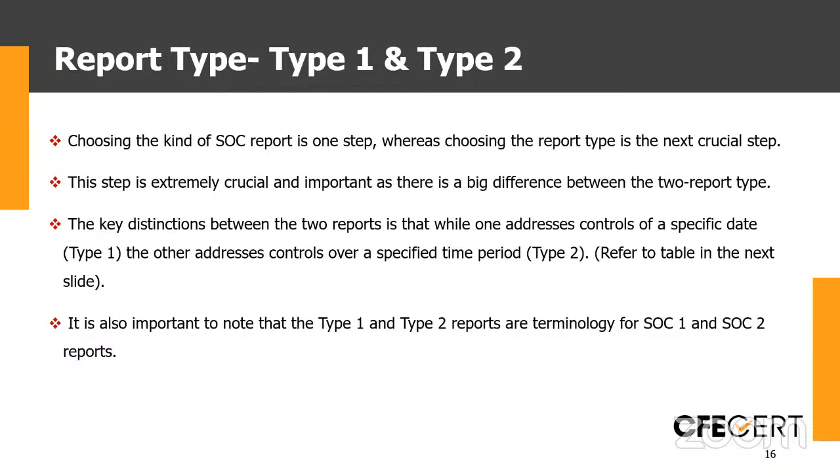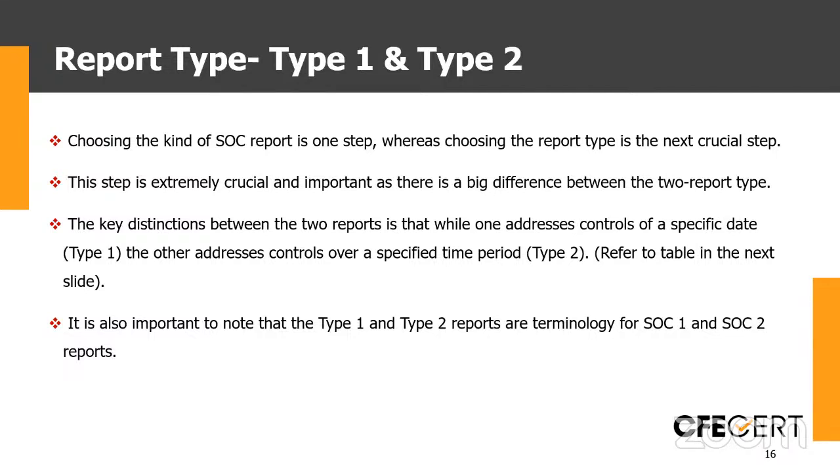Section 4 will have the list of all the controls which were tested as a part of that report and their corresponding test procedures and test results. And section 5 will have any additional information that the service organization wants to convey, any upcoming business plans or any upcoming IT changes which they want to convey to their prospective customers or anyone who is intended to use that report.